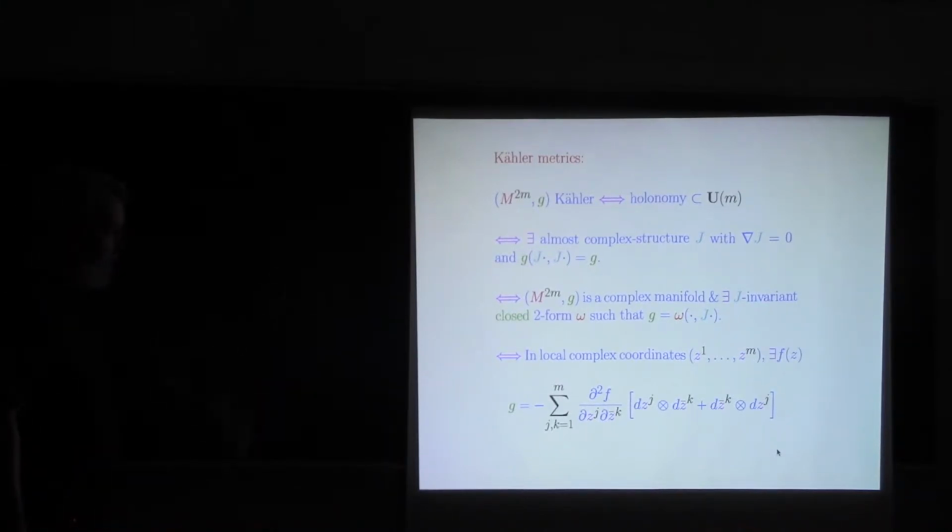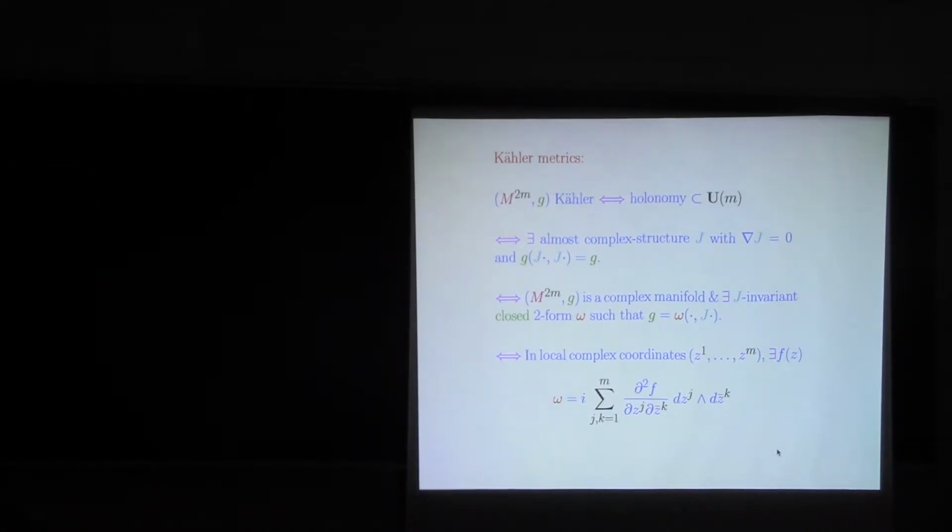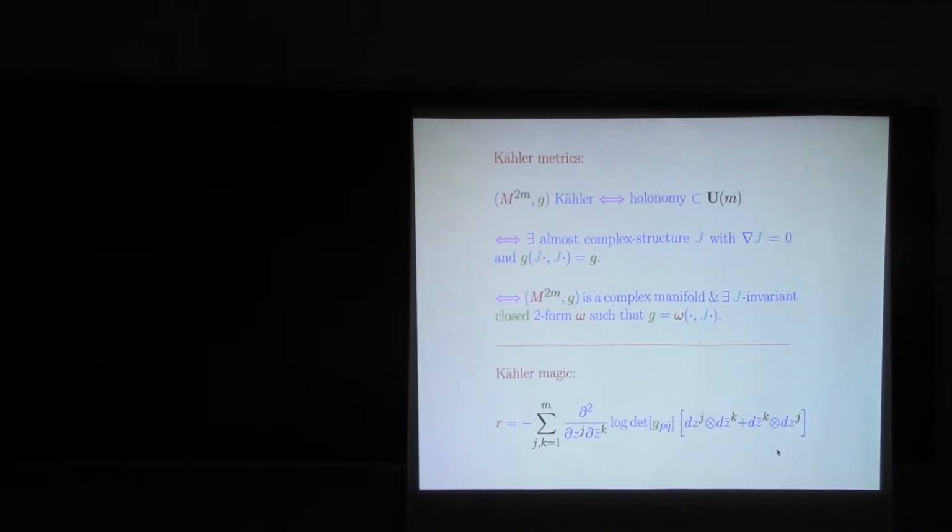So that was actually what Kaehler did. Kaehler discovered something that's deep, though. The Kaehler form here is written down in terms of the second derivatives of the function. And what Kaehler discovered was that the Ricci tensor of such a thing is again expressible in terms of second partial derivatives of some potential function. It's not the same function. You take the log of the determinant of the original metric.